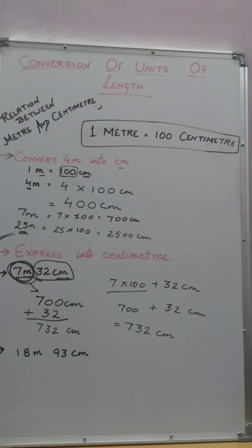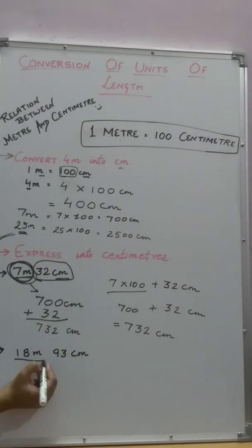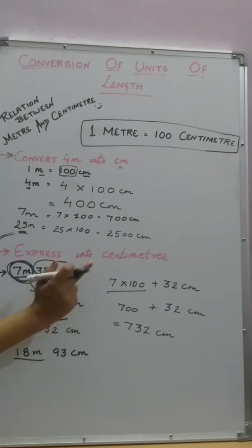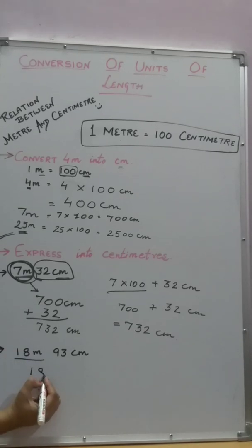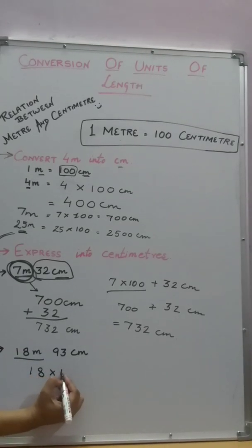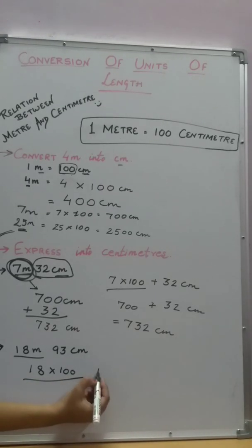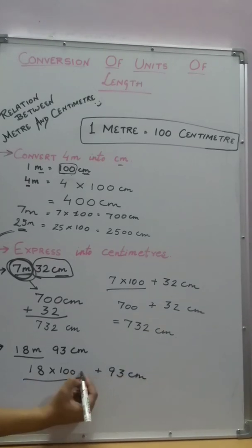Let's see the next example. Here we have 18 meter. We have to express this in centimeters. So what we'll do? We will multiply this number 18 by 100, plus 93 centimeter already given.